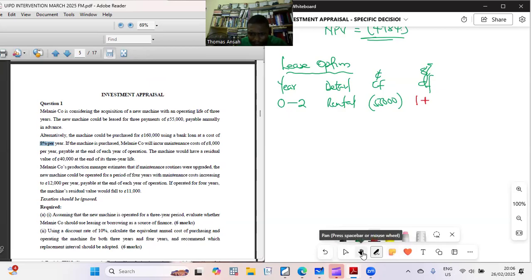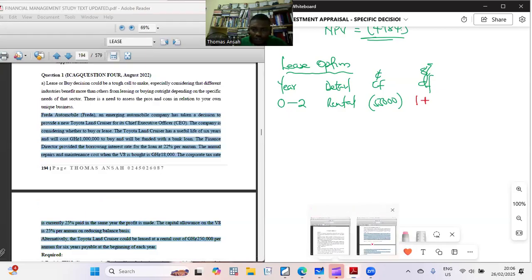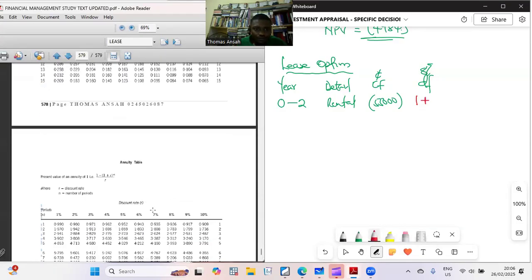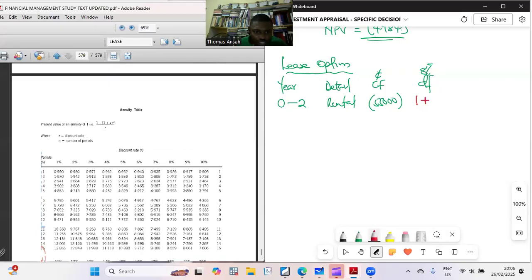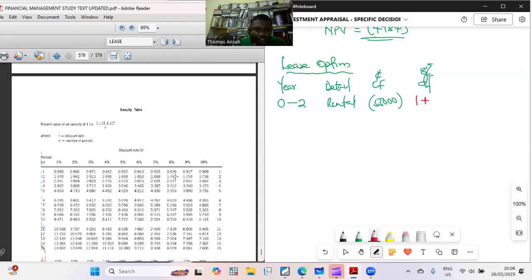In the exams, you'll be given this table, so don't worry. 8% for 2 years is 1.783.